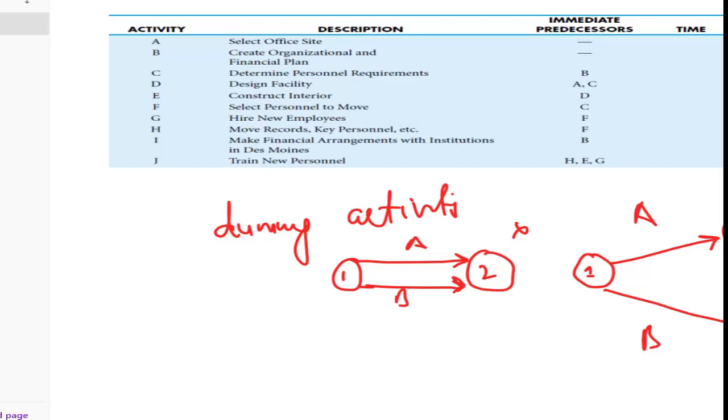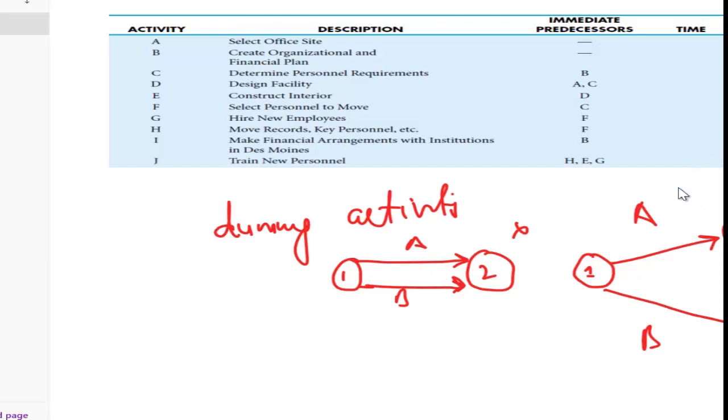I use dashed lines to show my dummy activity. This one is the dummy activity from 1 comma 2, which has no cost attached to it. This is how we solve this and make it more representable in our network diagram.